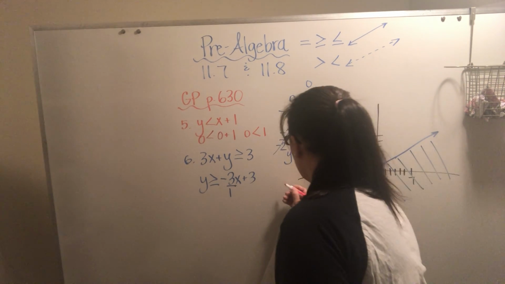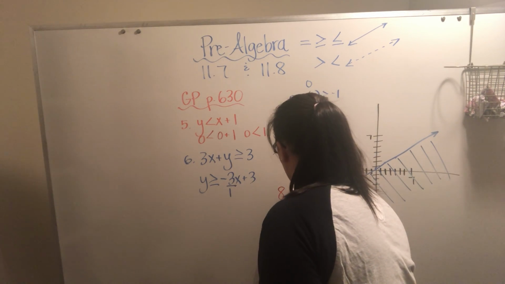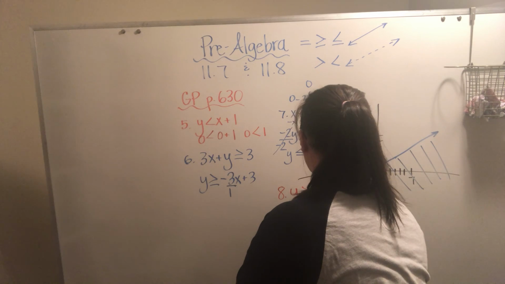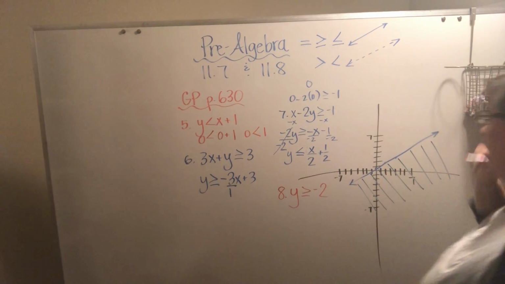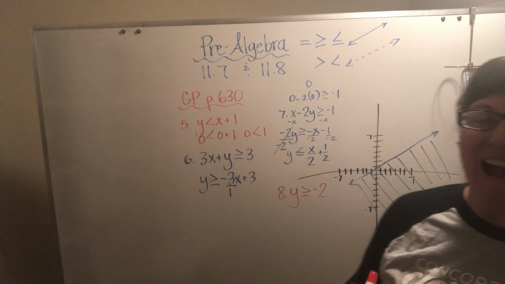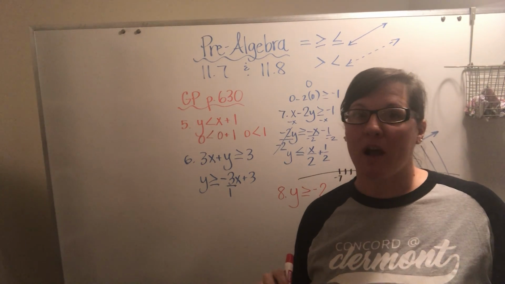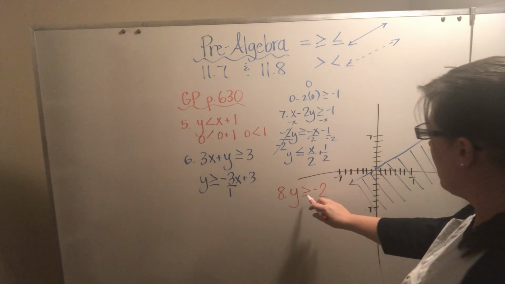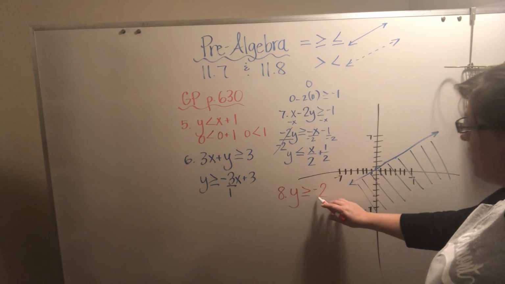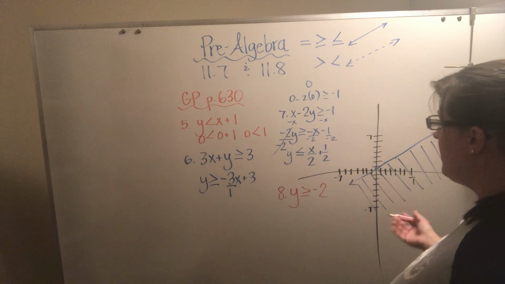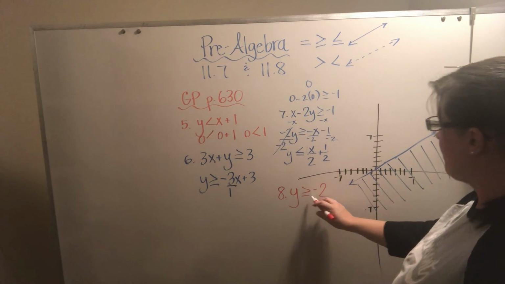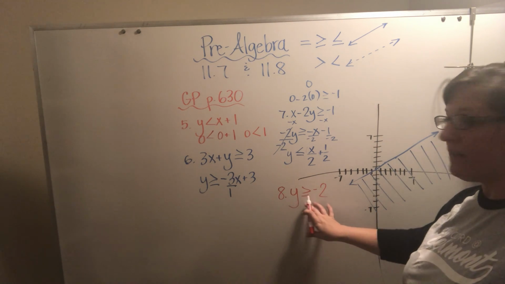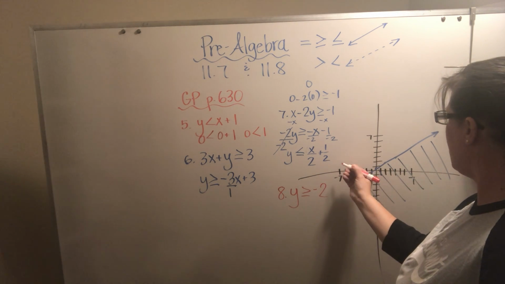I'm going to look real quick at number 8. It says y is greater than or equal to negative 2. Do you remember what a y equals equation looks like? A y equals inequality looks like that too. Meaning, if it's a y and no x over here, hopefully you recognize, when you just have y and the number, what kind of line was that?